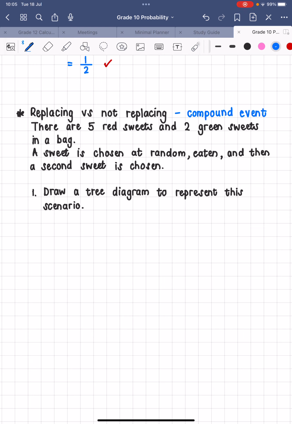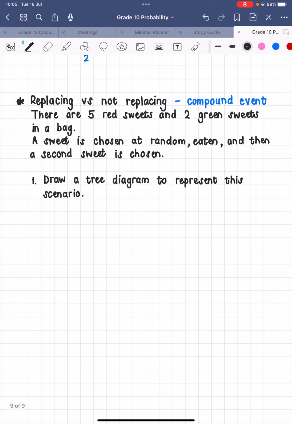But guys, in a test or exam, if they don't say specifically draw a tree diagram, you actually don't have to. You can also just kind of figure it out in your head. I'll show you how to do that just now. Alright, so for this tree diagram, we're going to draw one set of branches to represent the first sweet being chosen. And then we're going to draw a second set or second sets of branches, you'll see, to represent the second sweet being chosen.